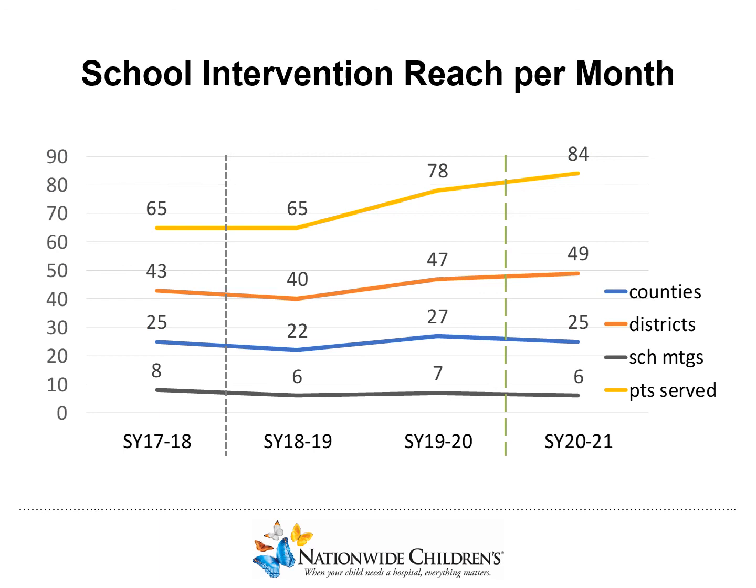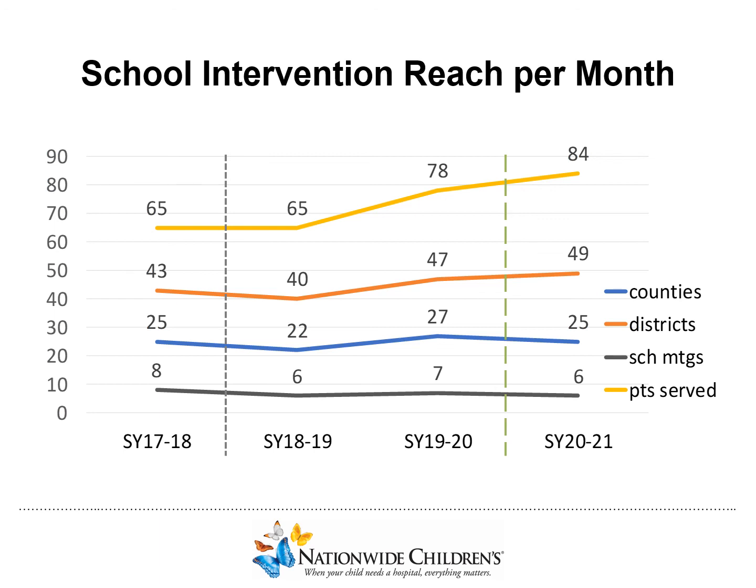Districts historically have been in the 40s, about 40 to 45 school districts a month that we interact with, and we keep these stats, just the counties and the districts, more for the hospital to show what kind of outreach and how far our reach is for our families.